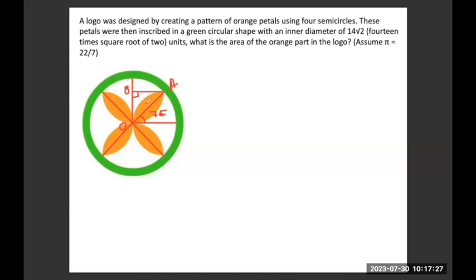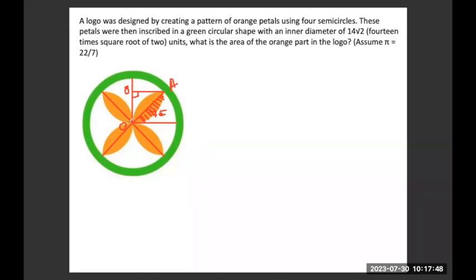When I subtract both of them, what I find is I get this highlighted part. I'm going to shade it. What I then get is this shaded part, which is half of the orange petal whose area you have to find. When you're done with that, you'll get half of it.